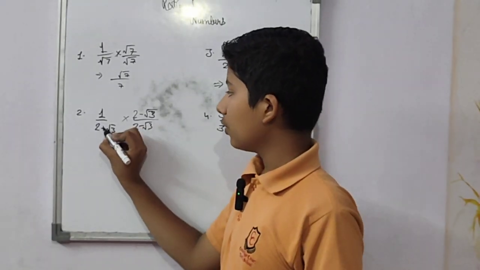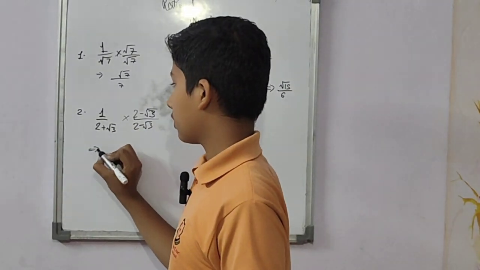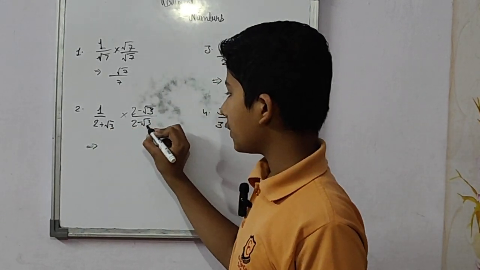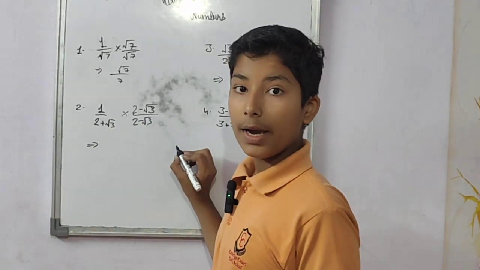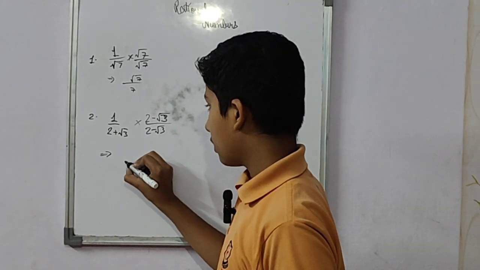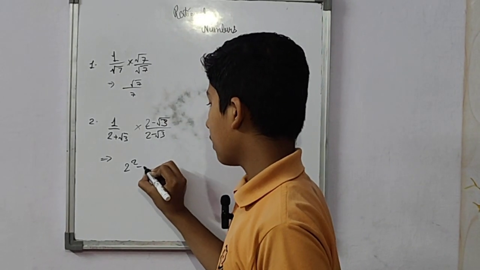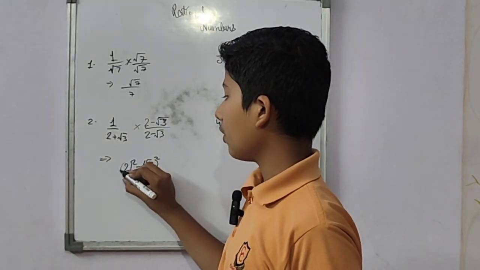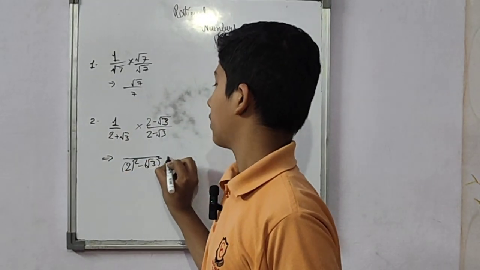Okay, so now see, 2 plus root 3, 2 minus root 3. What does the identity become? a plus b, a minus b equals 2 square minus root 3 square. I told you, a square minus b square.